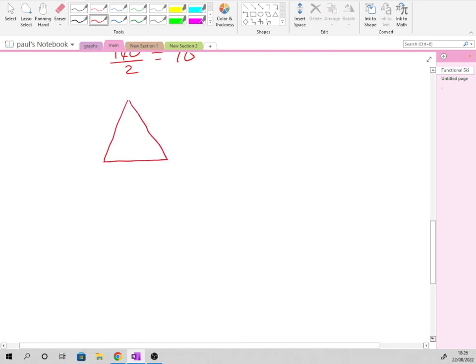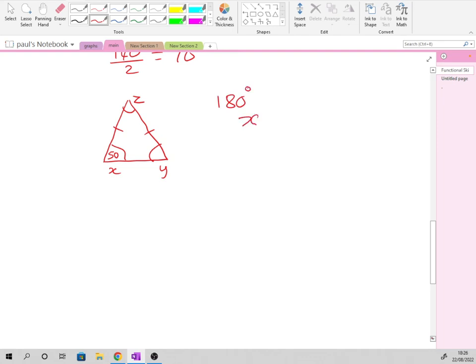The other way on the isosceles triangle. There's an isosceles triangle. Maybe we've got 50, not drawn to scale. X, Y, and Z. Now, it will be much thinner than this. So remember, all add up to 180, and X equals Y. So Y will be the same as X, which equals 50 degrees.